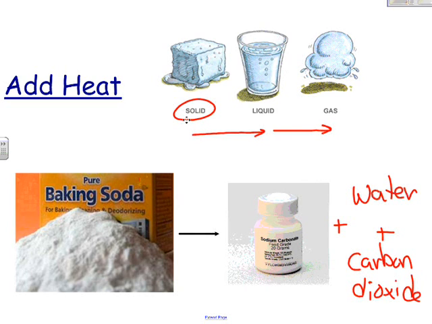So you can see that in this case, adding the heat doesn't change the solid baking soda to liquid baking soda. It's going to change it to a totally different substance: sodium carbonate, water, and carbon dioxide.